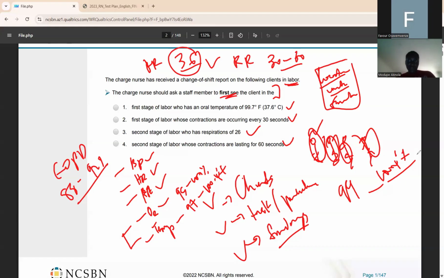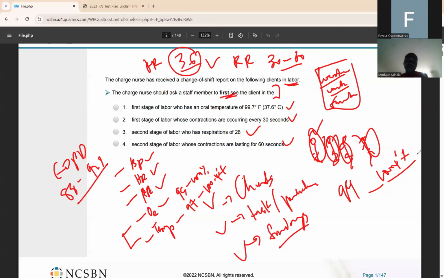We give vitamin K, hepatitis B vaccine, BCG, and we give erythromycin eye drops.